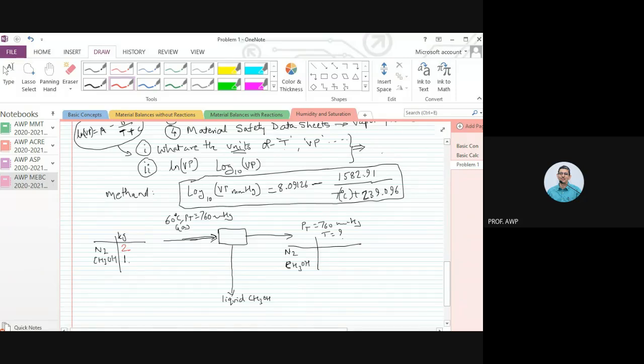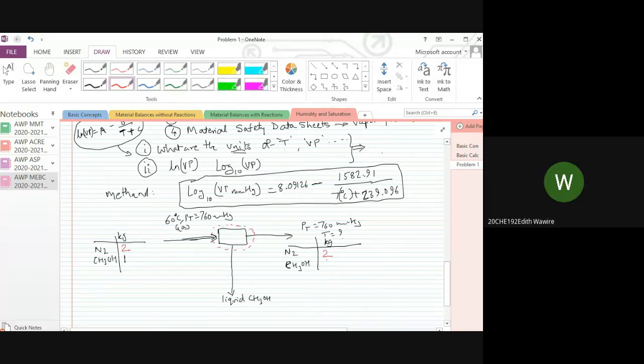Now, the kgs of nitrogen coming in are 2 kgs. If I take this as a control volume, nitrogen is coming in, no nitrogen is going out in the liquid stream, only the nitrogen is going out in this gas stream. So the kgs of nitrogen going out is going to be 2 kgs. Right.